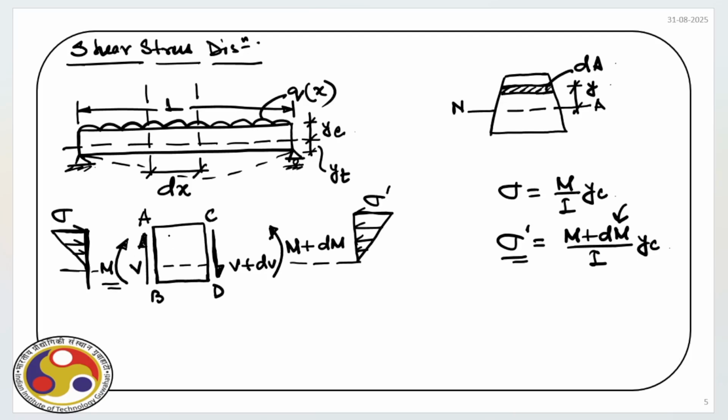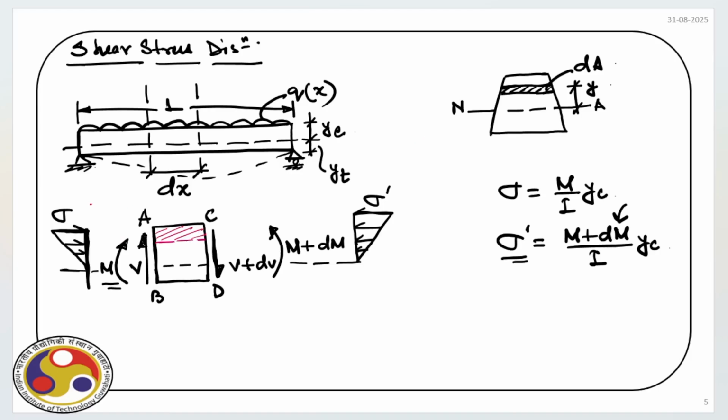Now, before we move further, let us consider the fiber which is here marked red. Let us consider the section above this fiber.